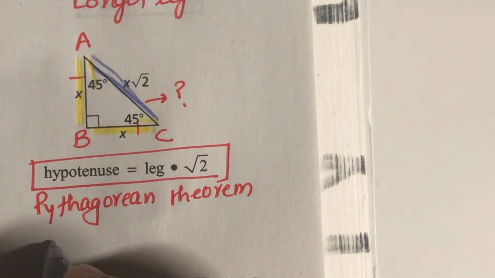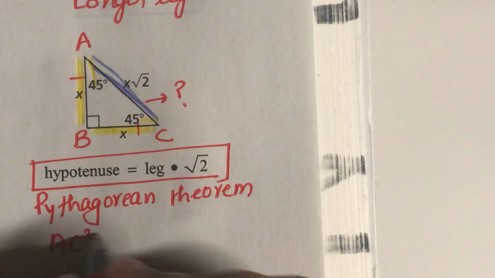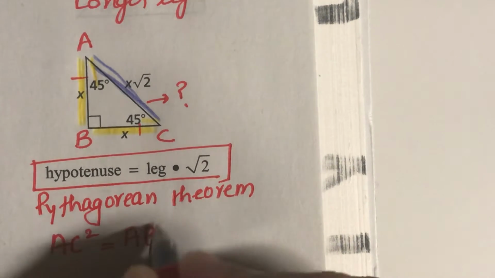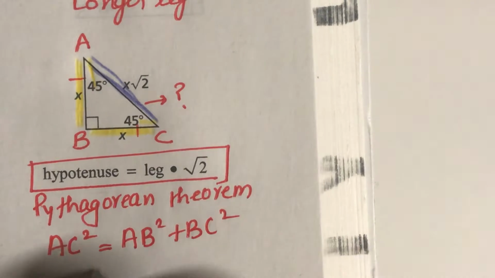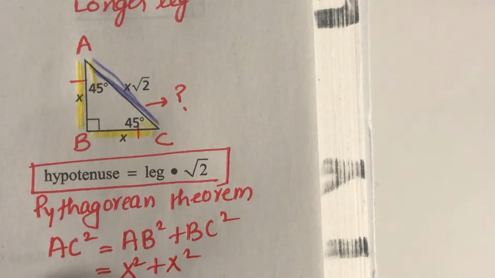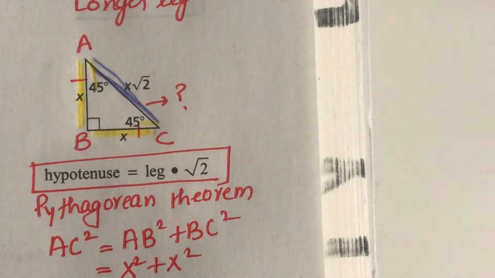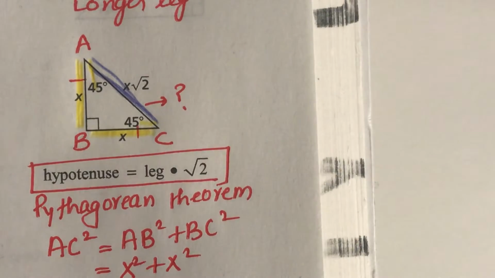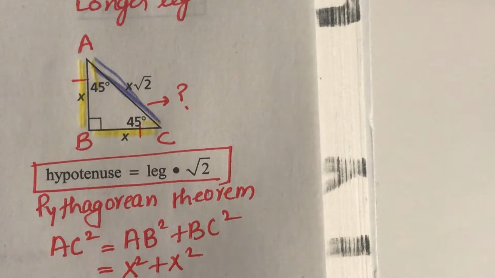If I need to find AC squared, that is the sum of the squares of the legs, that's going to be AB squared plus BC squared. Let's plug it in. x squared plus x squared, that's 2x squared, and AC is the square root of 2x squared, and that is x√2.